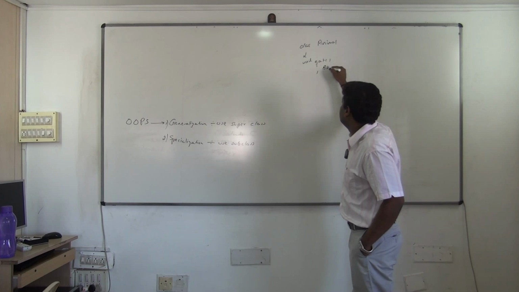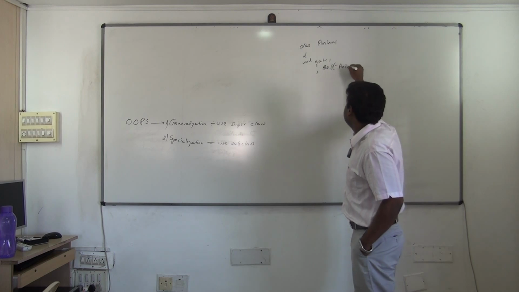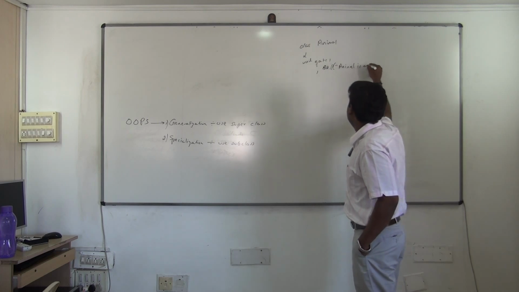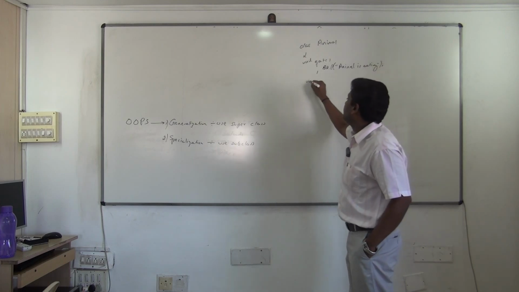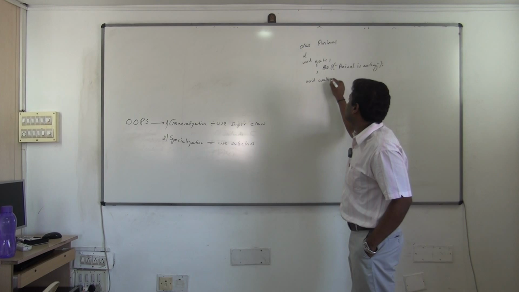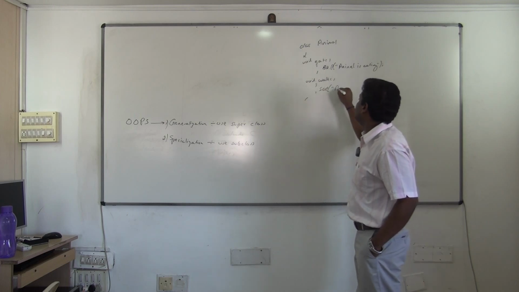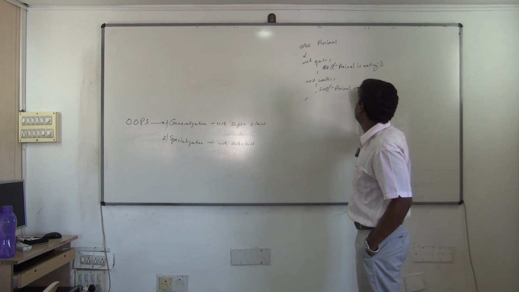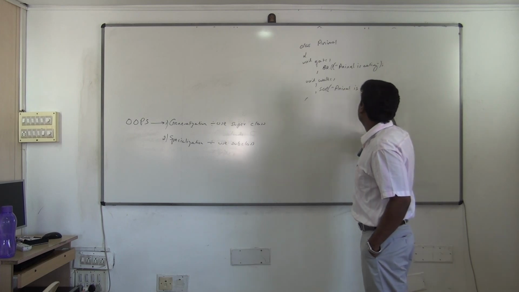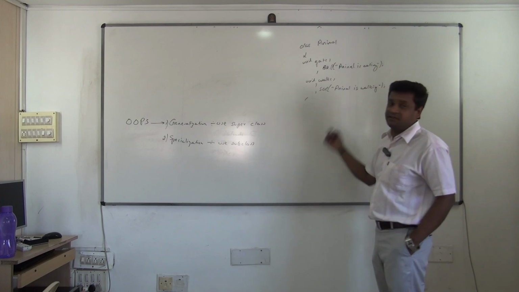Animal SOP: Animal is eating. Void walk, SOP: Animal is walking. See, this is generalization.